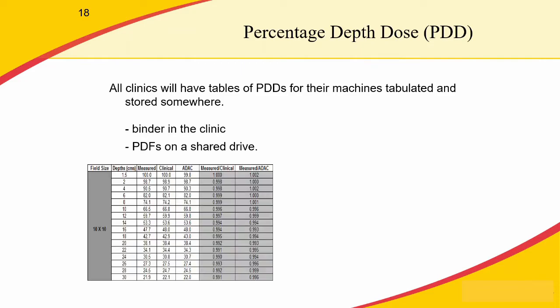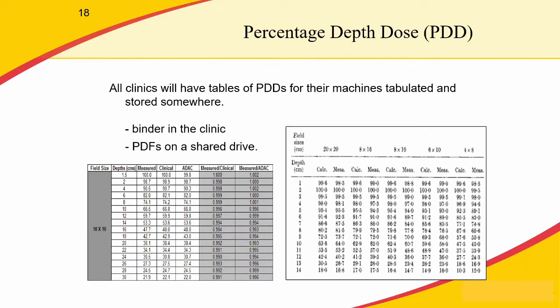These tables would look something like this, where you would have the field size for a given beam, and then you would have the PDD value at each depth for that beam. Sometimes it's just a single beam of a single energy. Other times you have a table for that beam at that energy, but a bunch of different field sizes included within the table. So each clinic has their own tables, which will have their own specific formats.